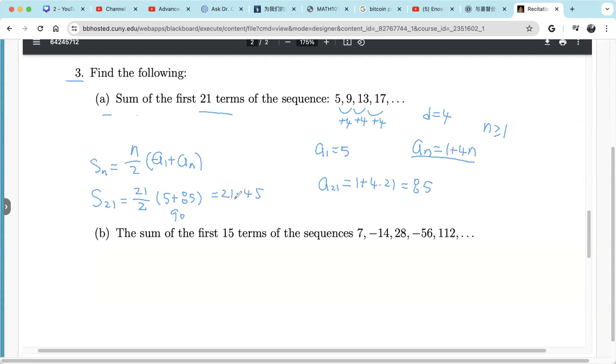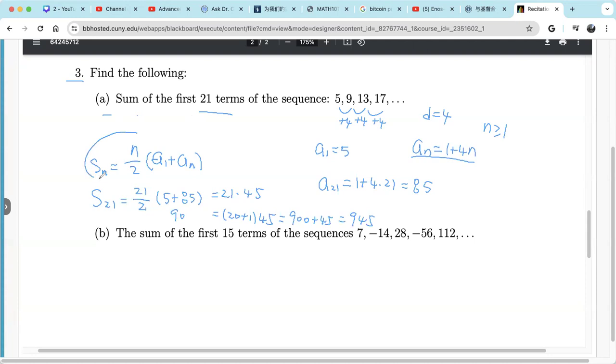So multiply 21 with 45. 21 we can split into 20 plus 1, and times 45. 20 times 45 is 900, and plus 45, so that's 945. And of course, you can use a calculator. So the sum of the first 21 terms, S21, equals 945 for this sequence.